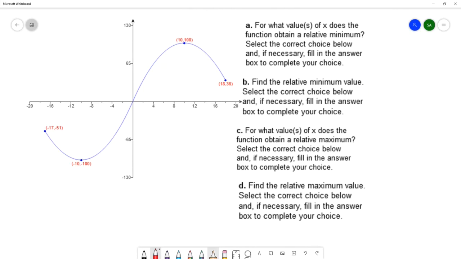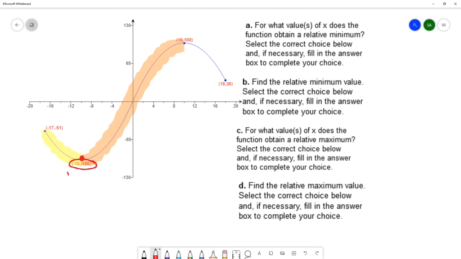So if we take a look at our graph, we can notice that the function is decreasing along this section, and then it changes to increasing along this section here. And when we have a change from decreasing to increasing, that creates a relative minimum at that value.